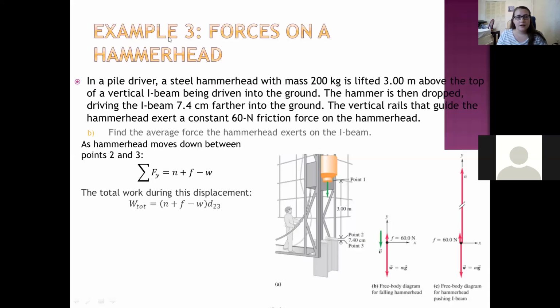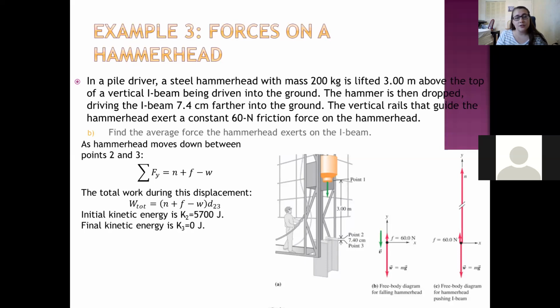Okay. Anywho, back to this one. The total work during this displacement, this little tiny 7.4 centimeter displacement, is what we're looking at. So that's the net force times its displacement from point 2 to point 3. So its initial kinetic energy we just found to be 5,700 joules.